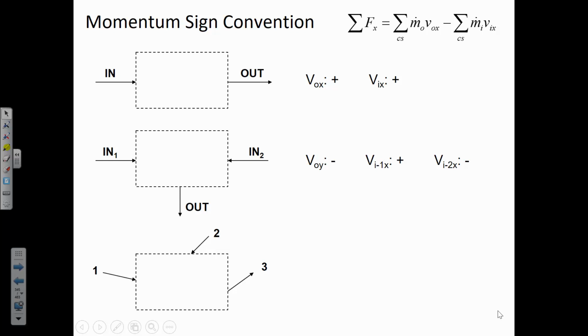Negative because it's pointing down. And now stream 3, the velocity out, it's only going out. So velocity out for stream 3 in the x direction is to the right, so positive. Velocity out for stream 3 in the y direction, positive because it's up.